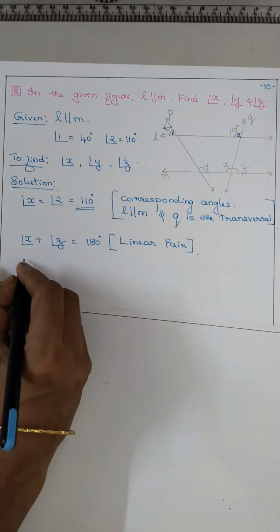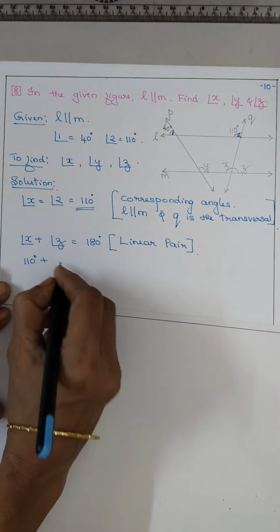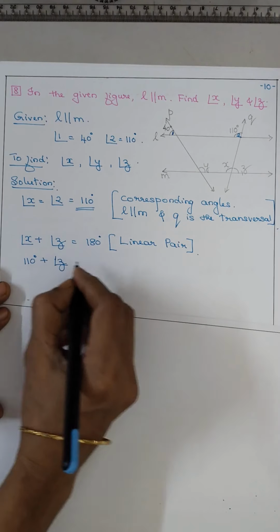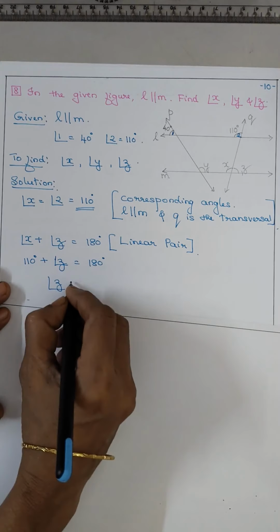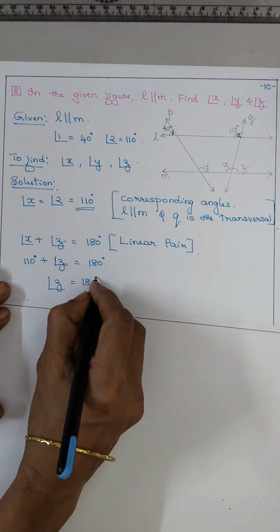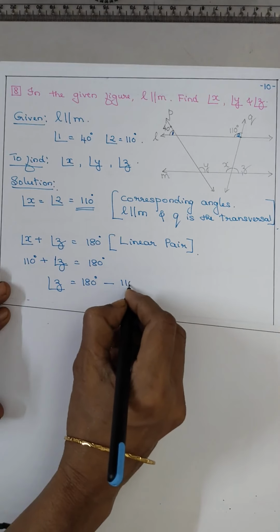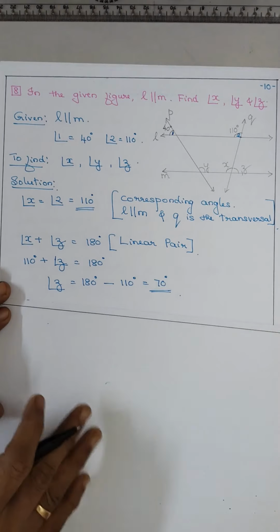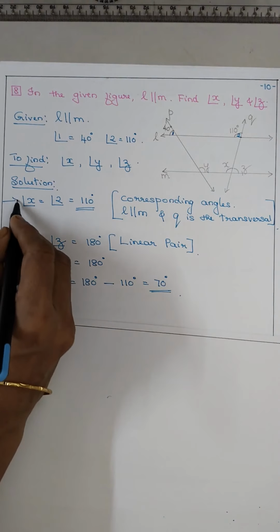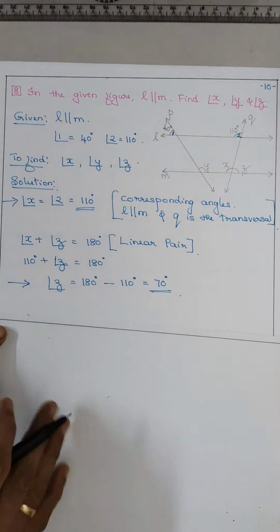X, how much you got? 110. Z, you don't know, is equal to 180. Therefore, angle Z is equal to 180 minus 110, that is 70 degrees. So you got X, you got Z.